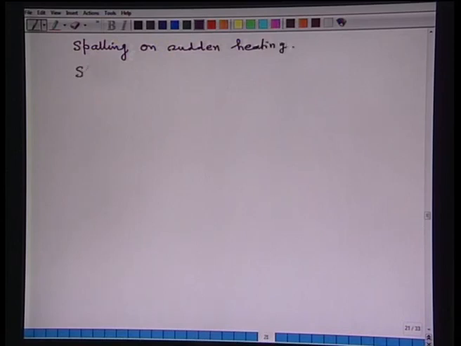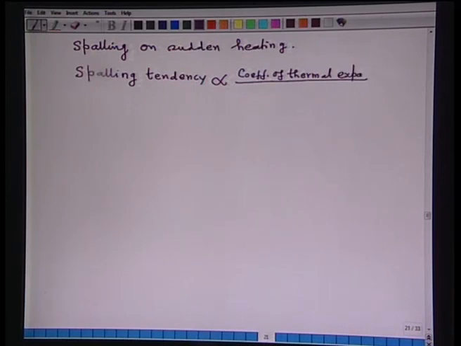We can define the spalling tendency of a brick as proportional to the coefficient of thermal expansion upon the maximum shearing strength into diffusivity.